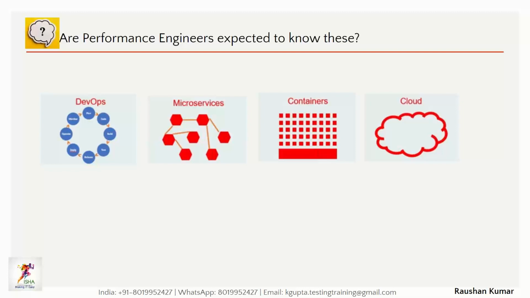DevOps, automation, microservices, how it is deployed, containers, Kubernetes, Docker, how the containers are created, cloud. Do you think that apart from the performance testing tool and the monitoring aspect, we really need to know all of these words, the 4 words that I've used on my screen?